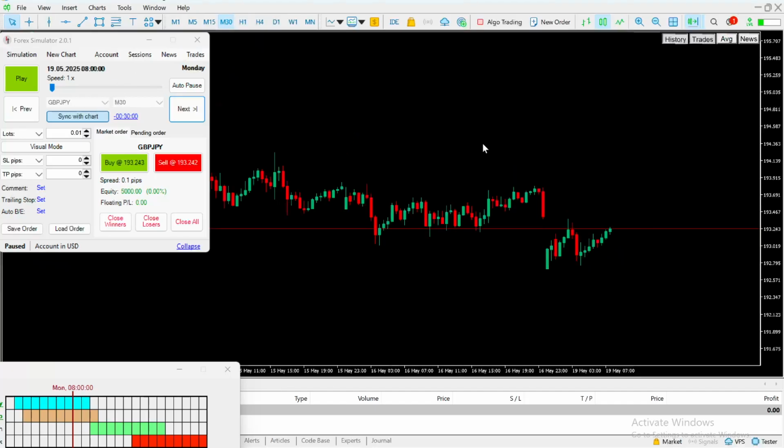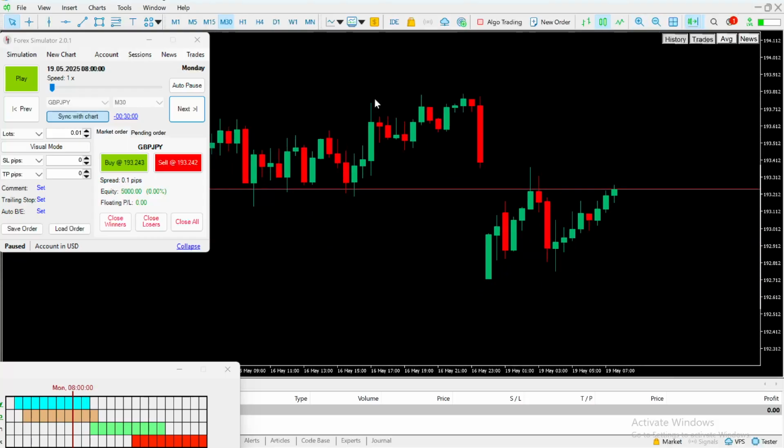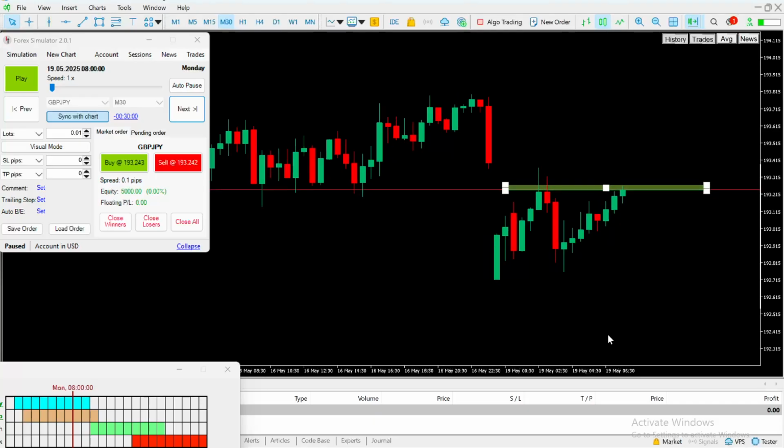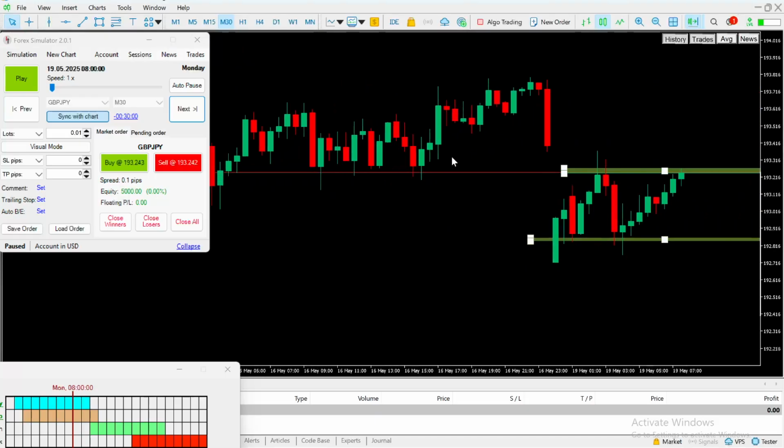Let's go to 30 minutes. Let's do this. Okay, we're reaching a resistance here and a support there. And the price previously broke this.